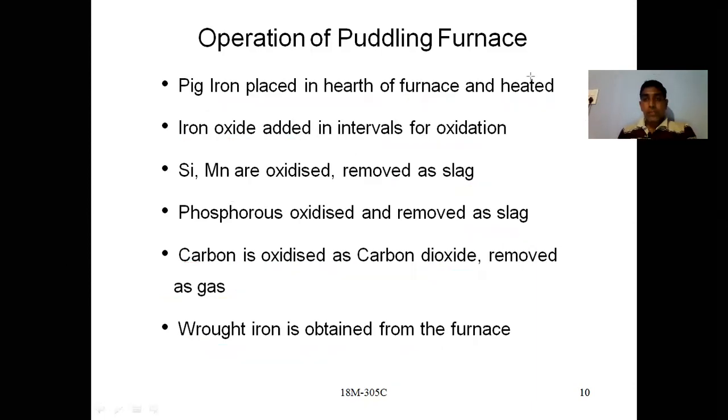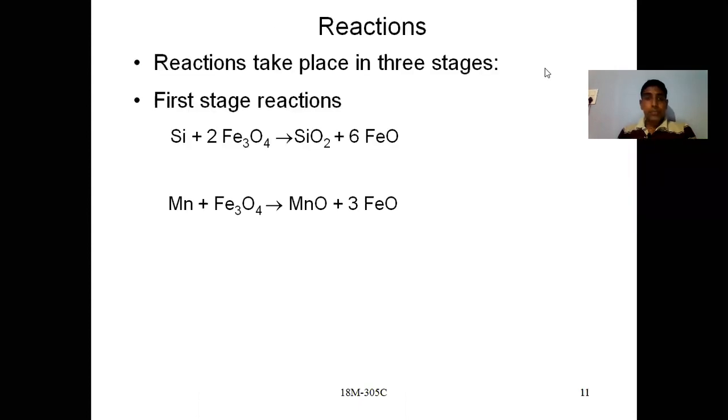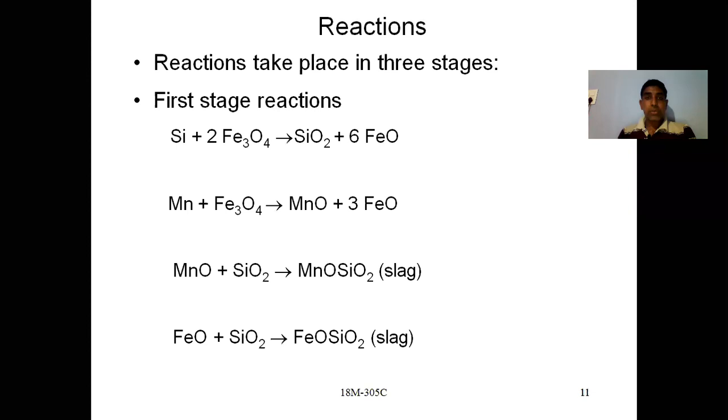And if you see the next thing, these are the reactions that are going to occur. You are having different stages of reactions here. So what are the reactions we are having? We will discuss.